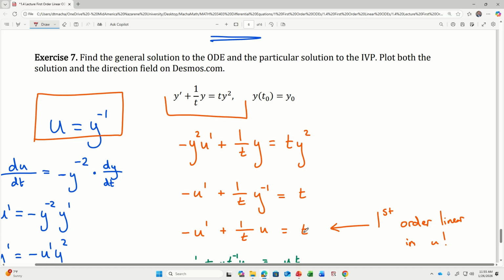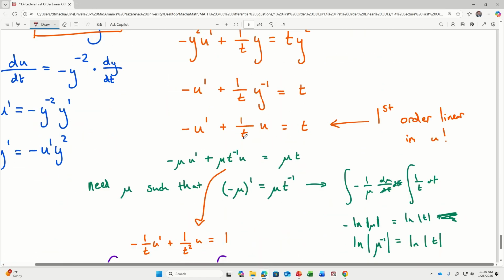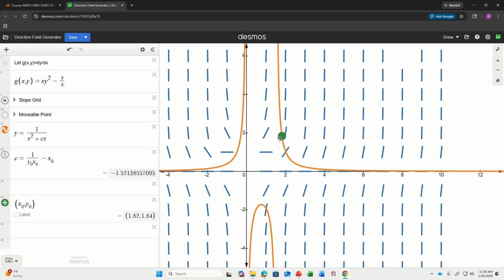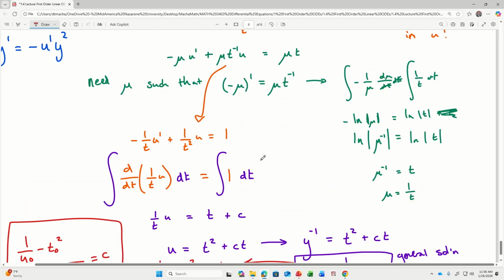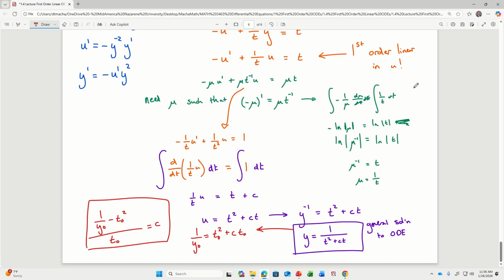Yeah, that should be right. So we have the right direction field. So we made a mistake solving for the general solution, because my IVP is correct, right? It's going through the initial value correctly. We just made some kind of mistake in solving for the general solution.